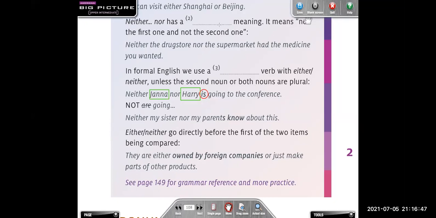En cambio, en el segundo ejemplo, debemos utilizar el verbo plural cuando nuestro primer objeto está en singular y el segundo está en plural, o ambos están en plural. En esa situación sí necesitamos utilizar el verbo en plural, como lo pueden ver acá. ¿Ok? No sé si quedó claro o tienen todavía dudas.